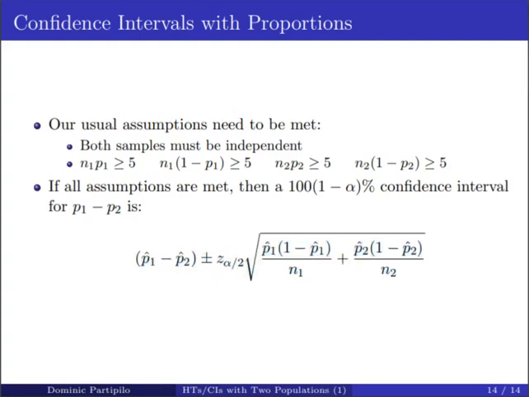And then I know I sound like a broken record here, but we're going to have this same concept where we take the point estimate for the difference in the two proportions, and then we're adding and subtracting this critical value times this standard error right here. So the idea itself is nothing new, but the formula is just changed ever so slightly depending on what we're trying to calculate.